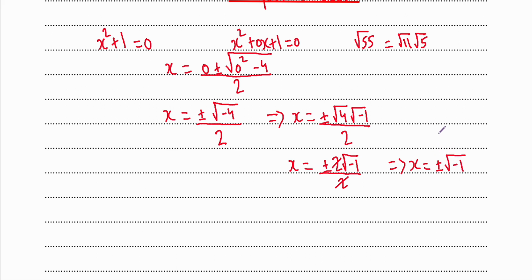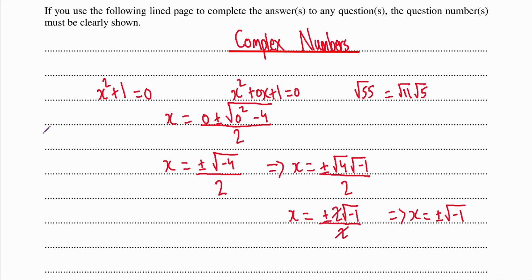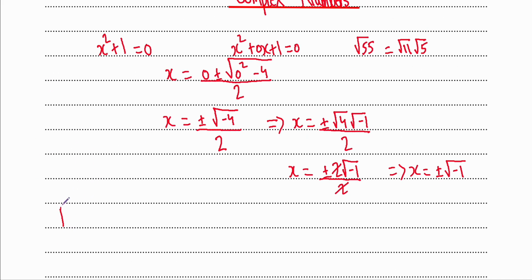Well, we can't solve this equation with the numbers that we know. What we know so far are things called real numbers. Real numbers include everything that we know so far, like integers, negative numbers, partial fractions, all those things are called real numbers. Now this right here, we just give it a name because we don't know what it is.